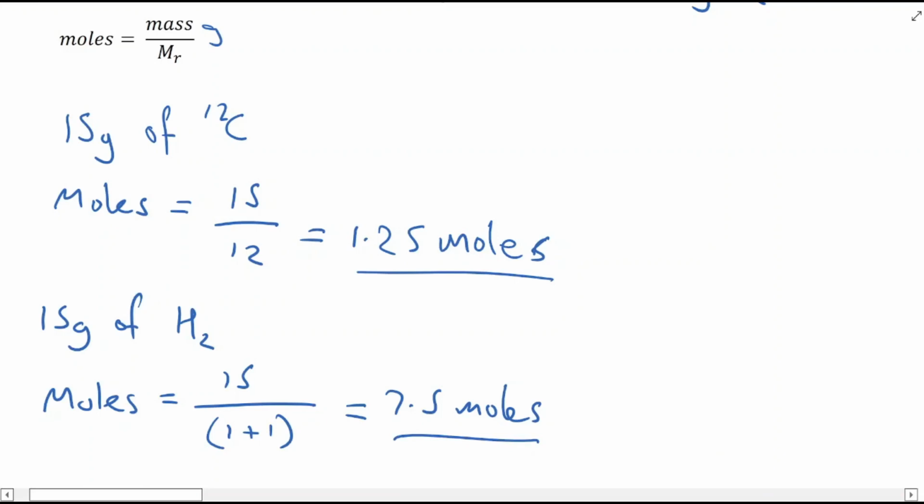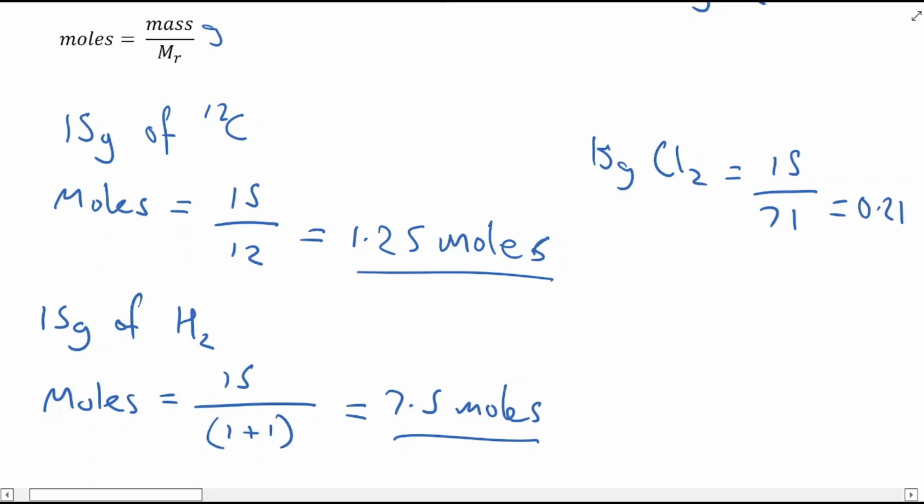If it was a big one, let's say I was doing it with chlorine, which is 71, then my mass of chlorine is 15 grams, and I could divide it by my 71. So I could have 15 grams of Cl2, and it would be 15 divided by 71, and that's going to give us 0.21 moles.